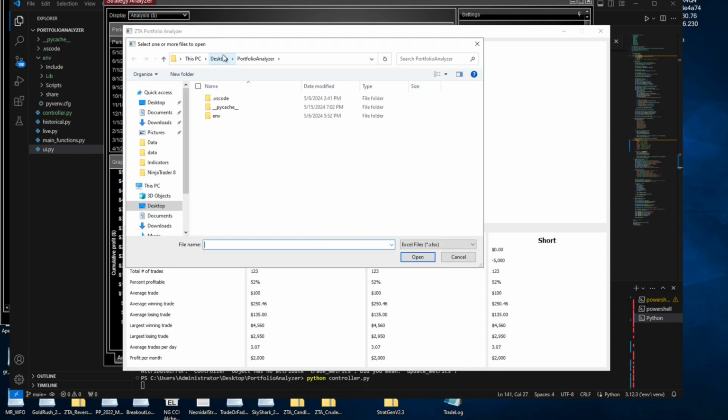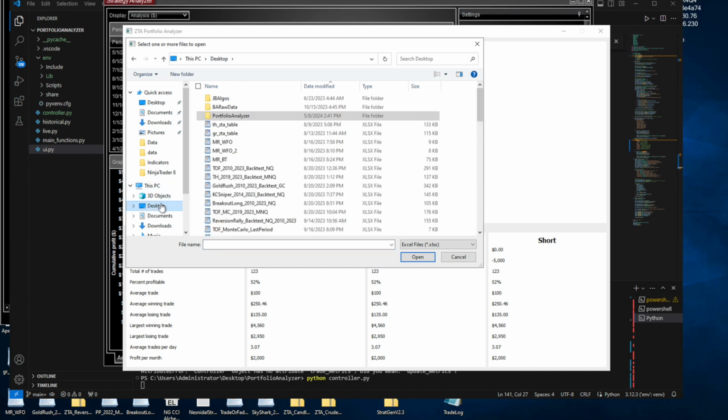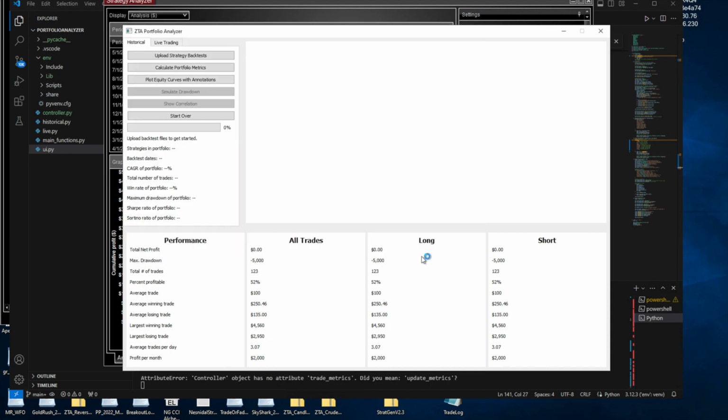And so what our tool allows us to do here is upload multiple strategy backtest files, right? So let's say I wanted to see how these five algos would have performed hypothetically in a portfolio. I can easily just come here and select the five backtest files, and I can run a model of what that historical performance might look like.